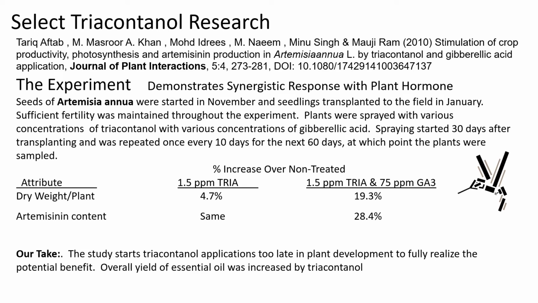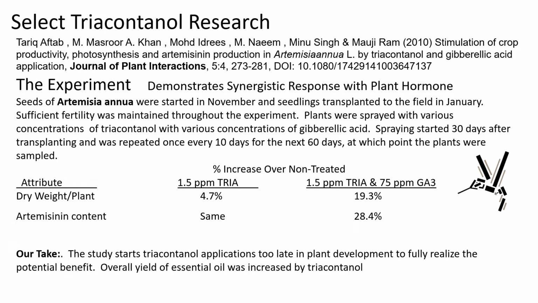In this study, published in the Journal of Plant Interactions, seeds of Artemisia were started in November, and the seedlings that sprouted were transplanted to the field in January. Sufficient fertility was maintained throughout the experiment, and the plants were sprayed with various concentrations of tricontanol with gibberellic acid. Spraying started 30 days after transplanting and was repeated once every 10 days for the next 60 days, at which point the plants were sampled.